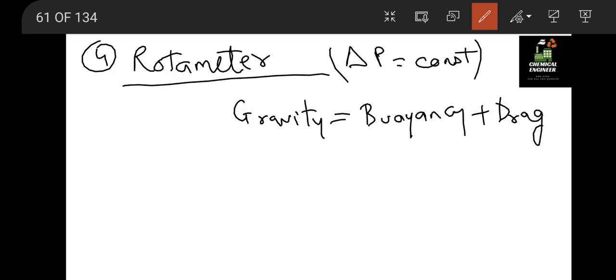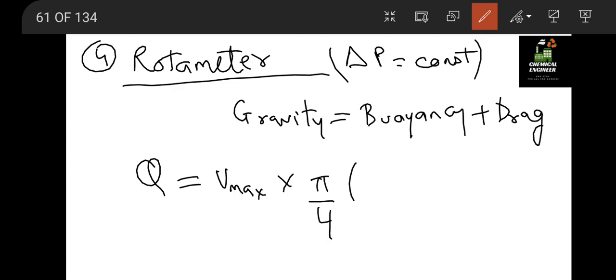This is the general equation for derivation of the rotameter equation, where Q equals Vmax, maximum velocity, into pi by 4 into dt square minus df square.